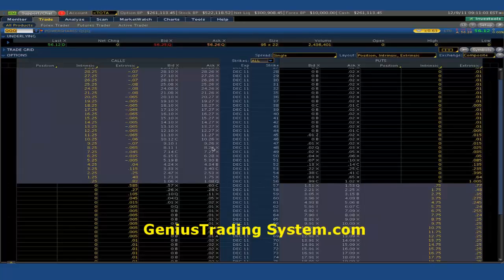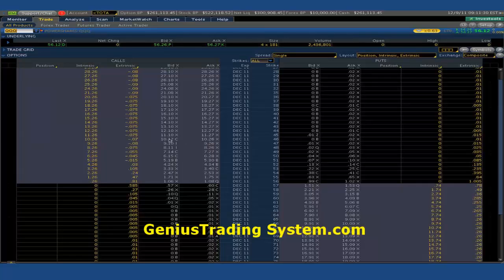Anything below that on the call side is what's considered to be in the money. Anything above that strike price, above the current price of the ETF, is considered to be out of the money. It's at least one strike price higher than the actual level of the ETF.